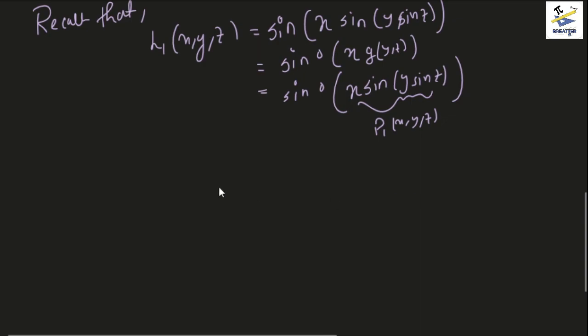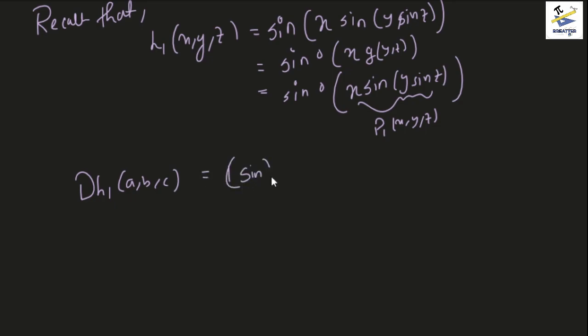Then we can see that dh1 at the point a comma b comma c is simply the derivative of sine at the point p1 of abc multiplied by p1's derivative at the point abc, right?